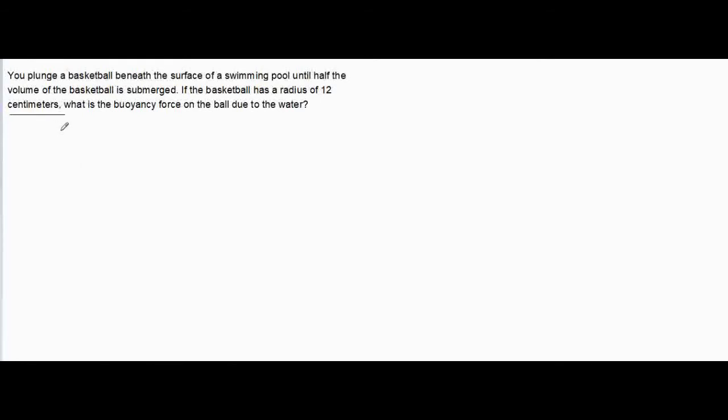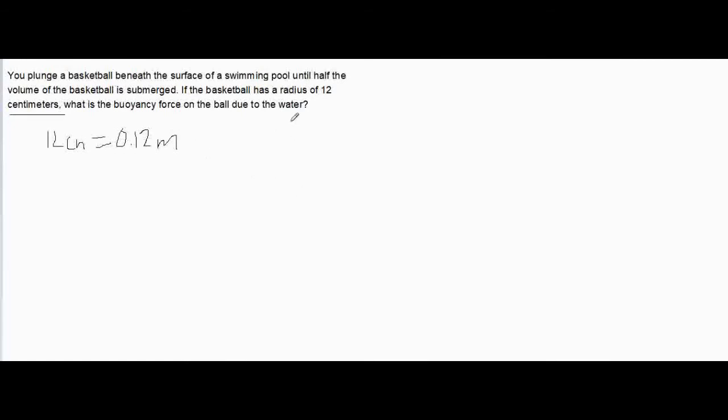And so 12 centimeters would equal 0.12 meters.